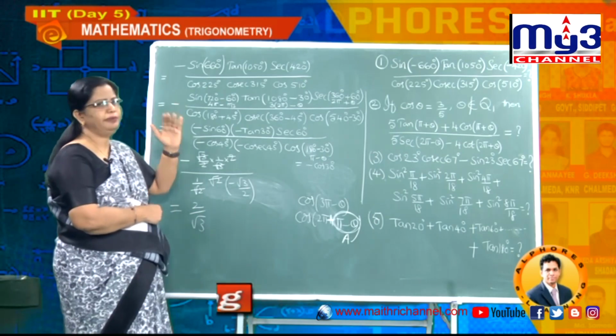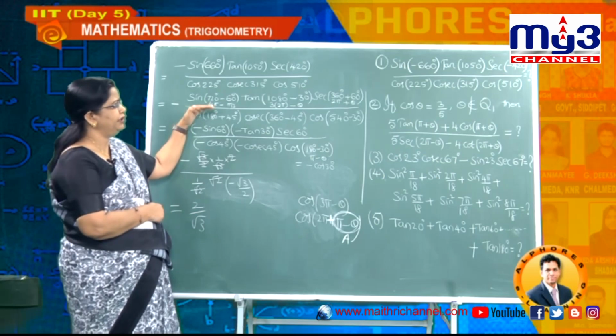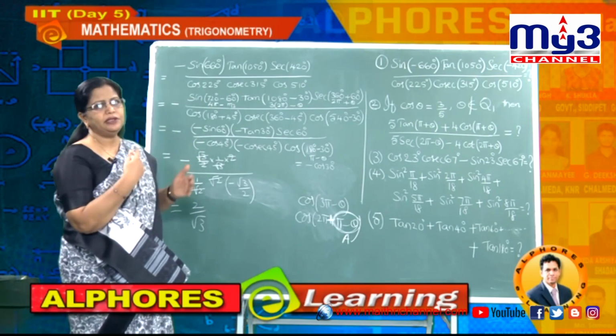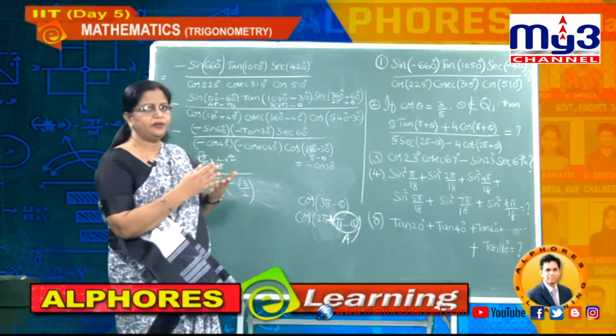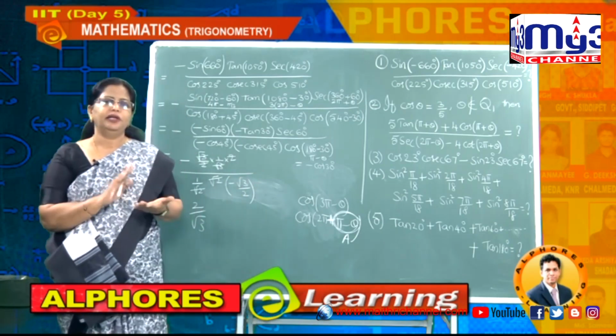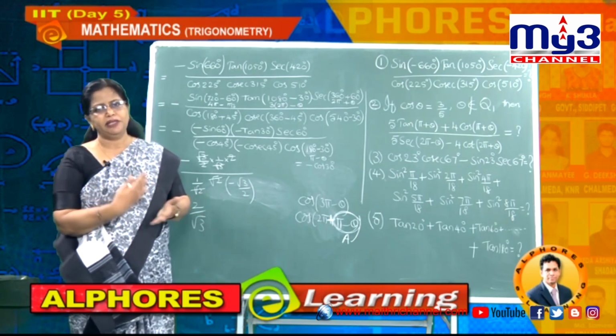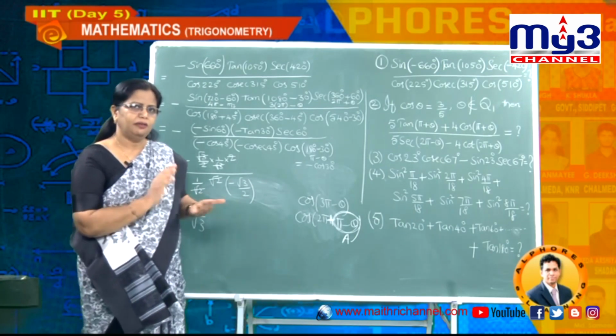So what are the important steps you should be aware of in this problem? Splitting the angles in terms of known values, and those known values also 180 plus, 180 minus or their multiples, 360 plus, 360 minus or their multiples.